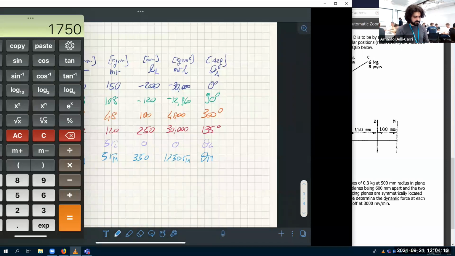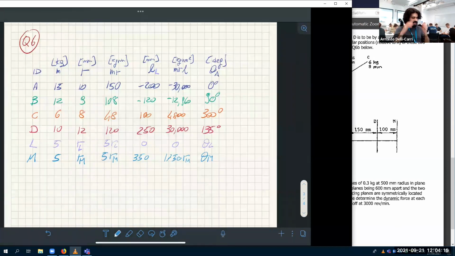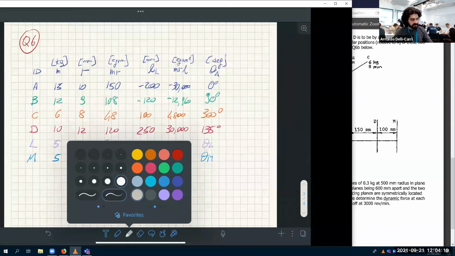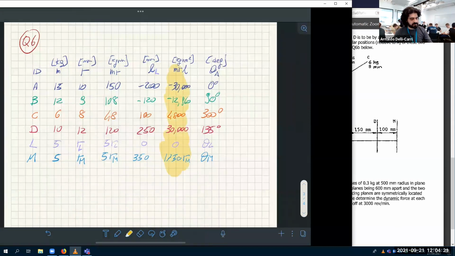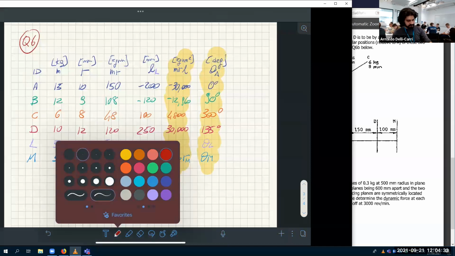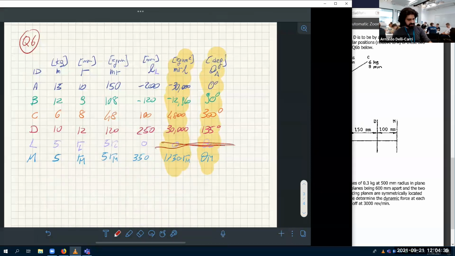There you go. So we start with the MRL diagram because we are using these 2 columns to draw it, and we have 2 unknowns. Why 2 unknowns? Because this one is 0, so you're not drawing anything.